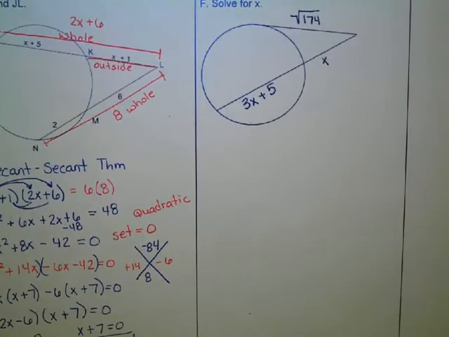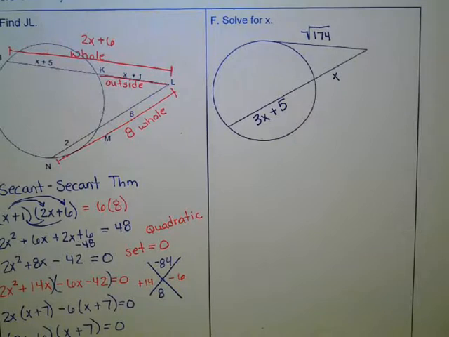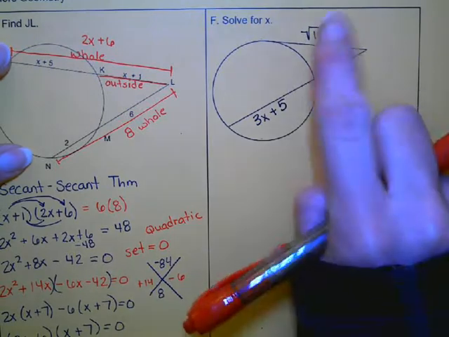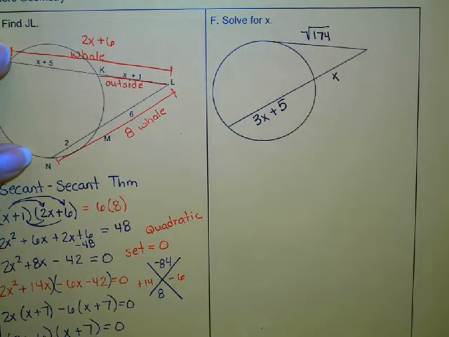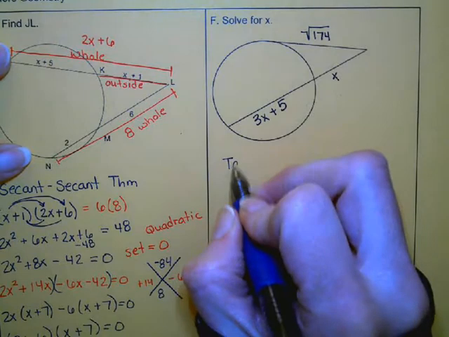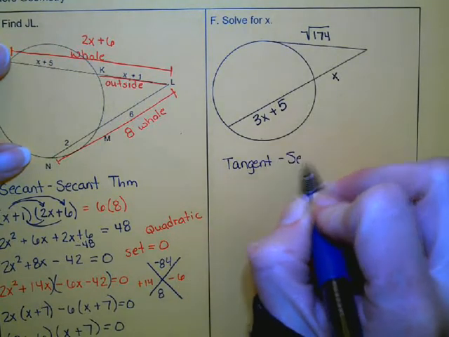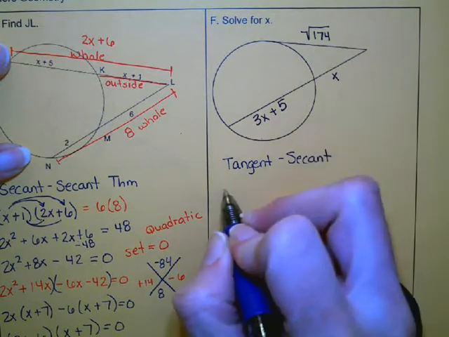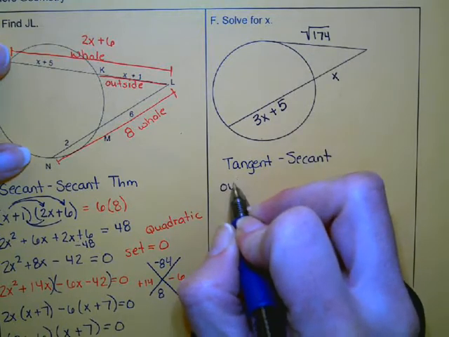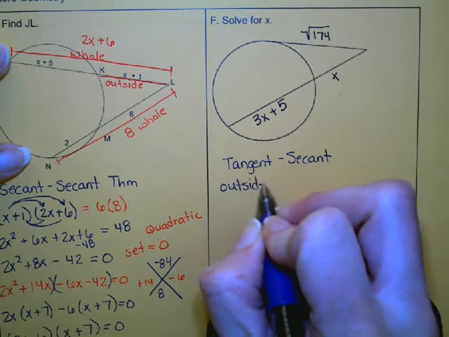Okay, so this one, very similar. Only this time we have a square root in our problem. And instead of having two secants, we have a tangent and a secant. So you have outside squared equals outside times whole.